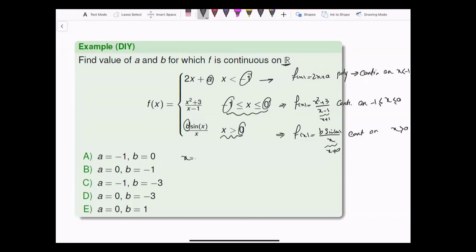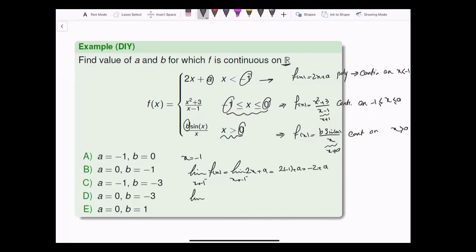For x equal to -1, we should see what is the limit of the function as x goes to -1 from the left. This is the limit of 2x plus a as x goes to -1 minus, and we saw that this is equal to 2 times -1 plus a, so -2 plus a.